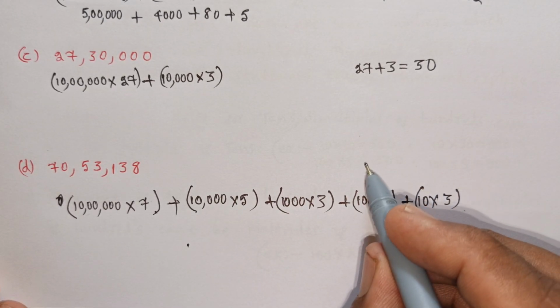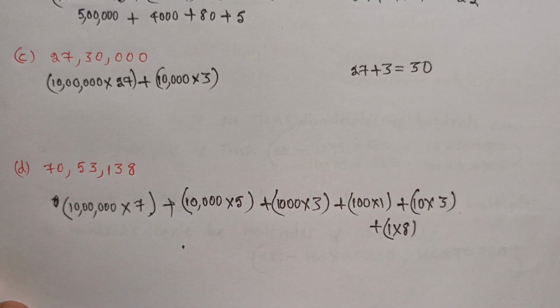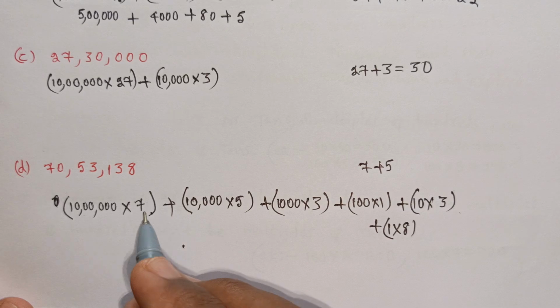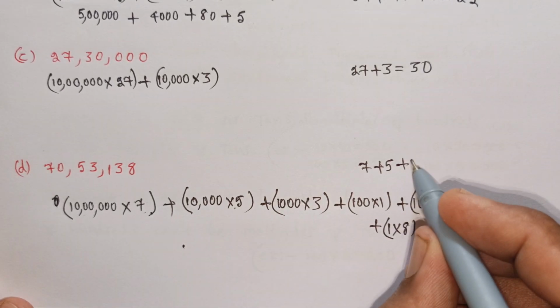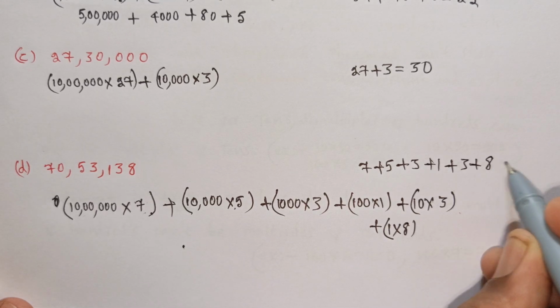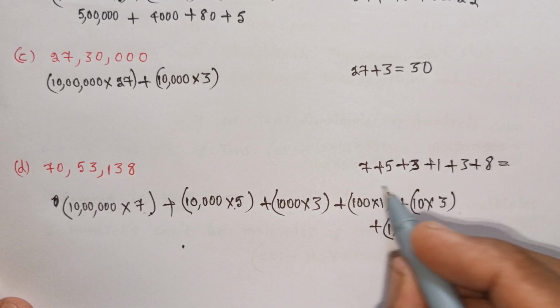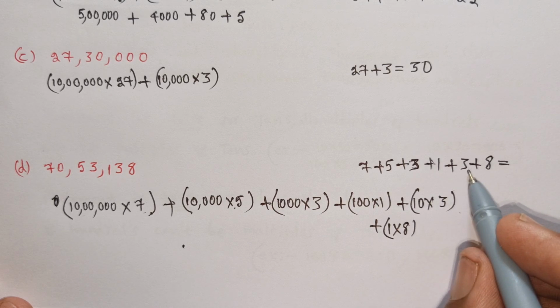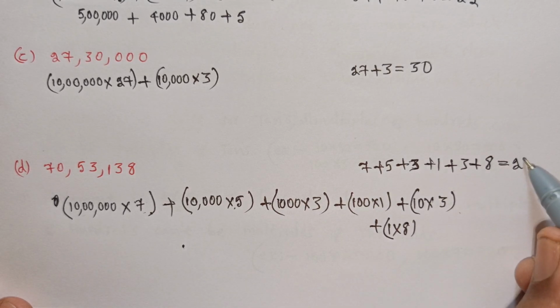And here our concentration is mainly on the minimum number of button clicks. So 7 plus 5 plus 3 plus 1 plus 3 plus 8. So here 7 plus 3 is 10, 10 plus 5 is 15, plus 1 is 16, plus 3 is 19, plus 8 is 27.